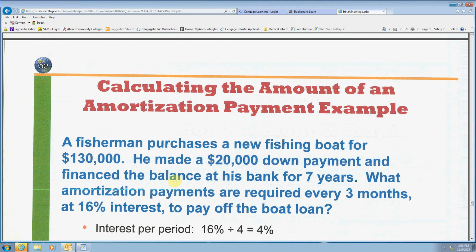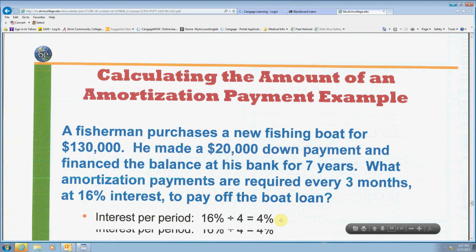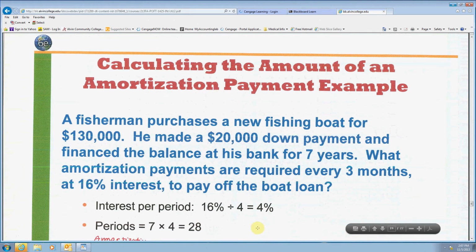The interest per period is every 3 months, so it would be quarterly. So 16% divided by 4 is 4%. There's 4 periods times 7, so we have 28 payment periods.